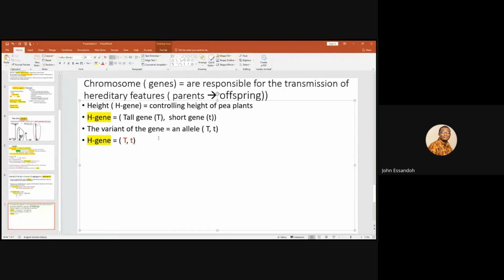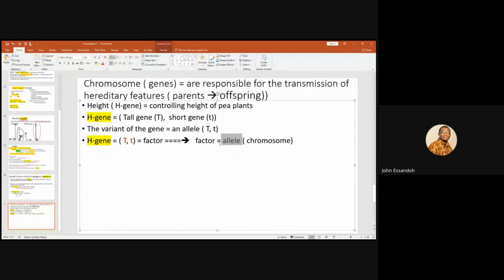What Mendel was referring to as factor, we modern day scientists know he meant an allele, or gene.